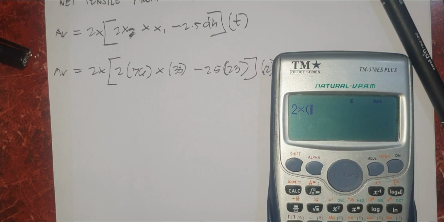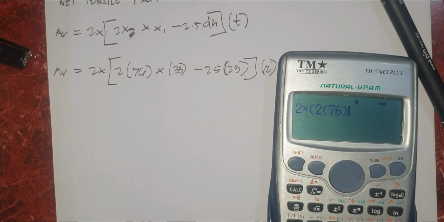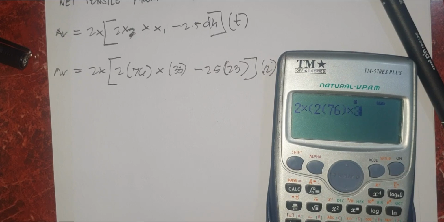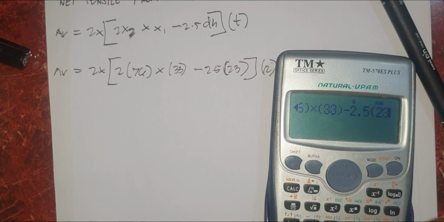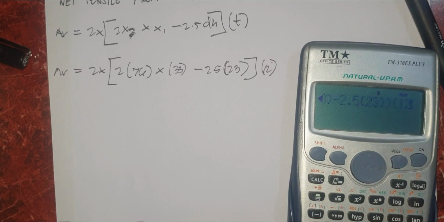So 2 times 76 times 33, minus 2.5 times 33, 12 equals.